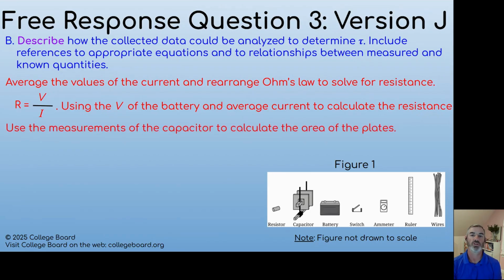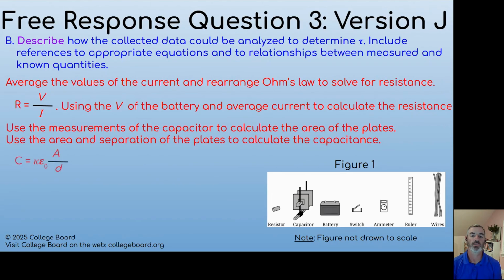Then we can use the measurements on the capacitor to calculate the area of the plates. Then using the area and the separation of the plates, we can calculate the capacitance using the capacitance equation, which is kappa, the dielectric constant, which was stated as air, is 1, multiplied by epsilon naught, which is a constant, and then we multiply by the area and divide by the separation between the plates.